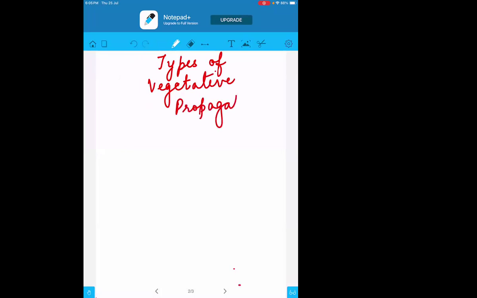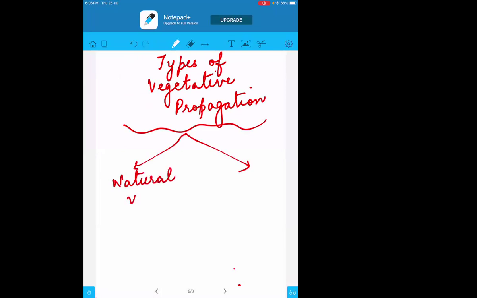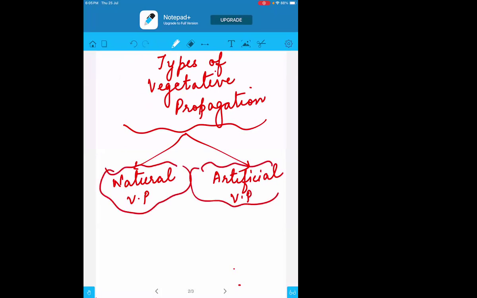So two major types are there in this category. The first one is the natural vegetative propagation, and the second one is the artificial vegetative propagation.